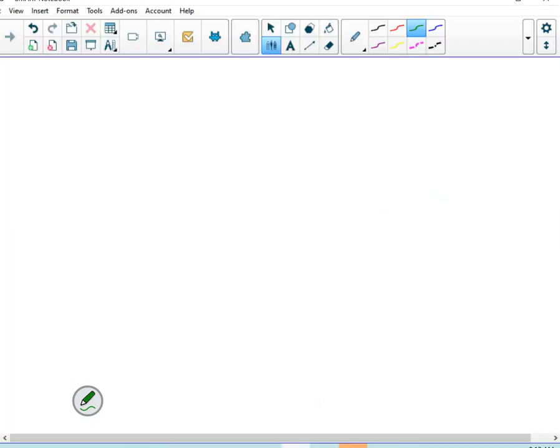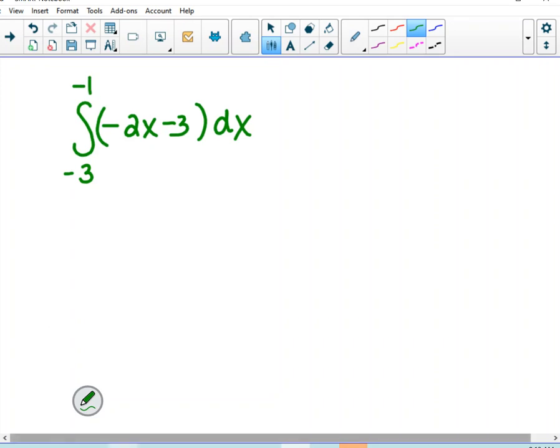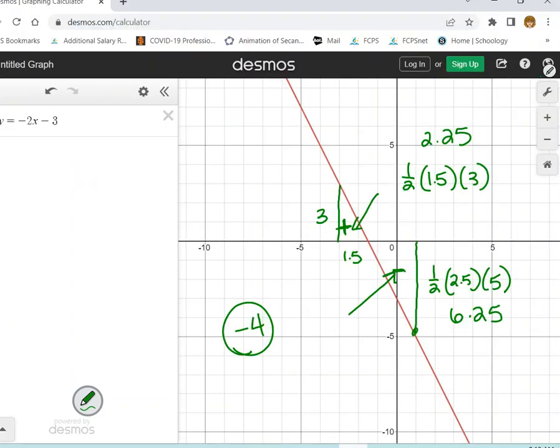All right, so Isaac Newton says, okay, you want to do the area between -2x minus 3 from, is that what we had? -3 to 1? I went off script.